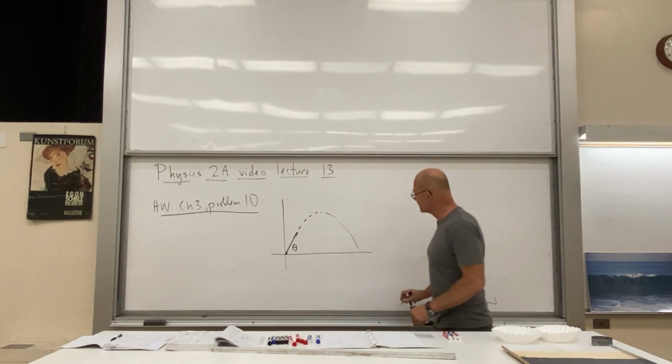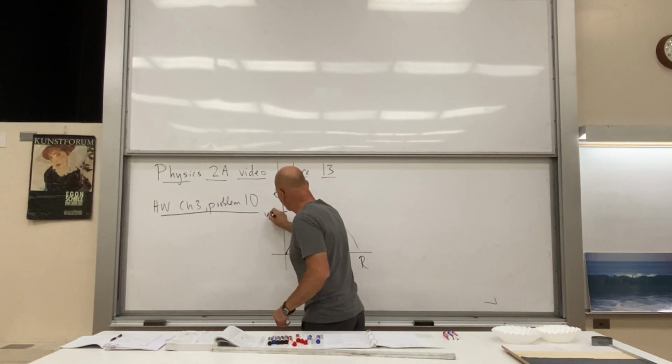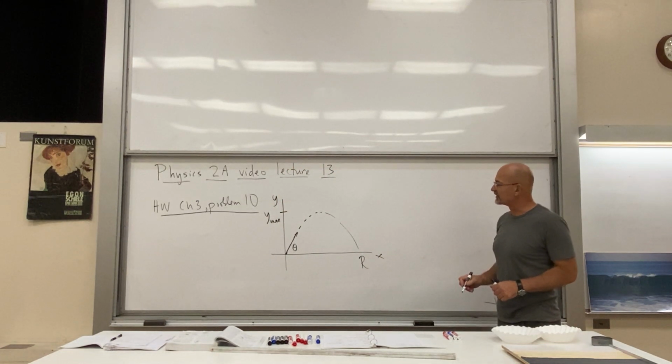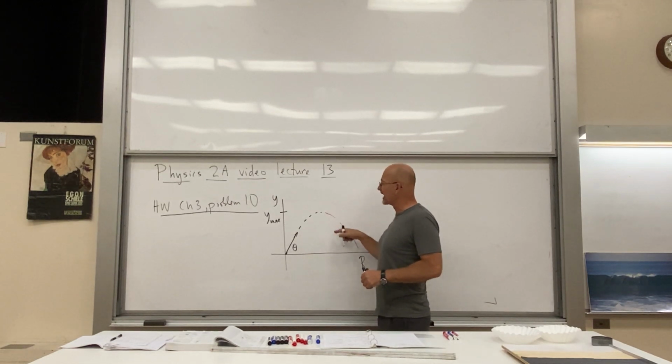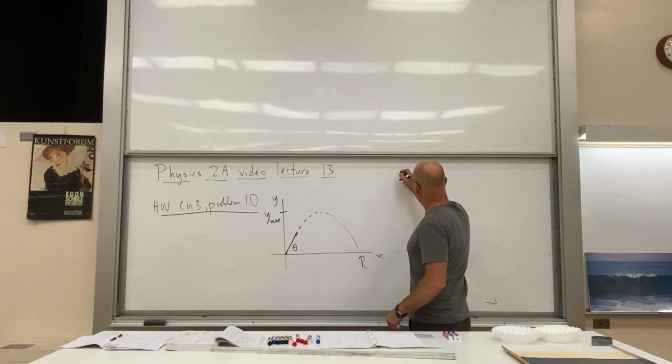We know the projectile has a range and a maximum height on our x and y axes respectively. There's a certain angle for which the maximum height is equal to the range.